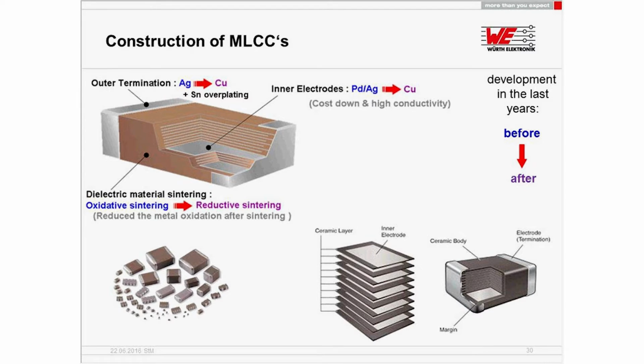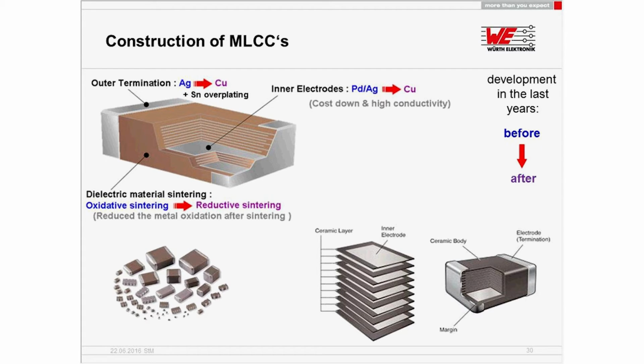So that was switching from mostly the noble metal elements to less noble metal elements, because it was just a question of cost. Because nowadays a 100 nano or a 10 nano or 1 nano product, the product itself costs less than the packaging.